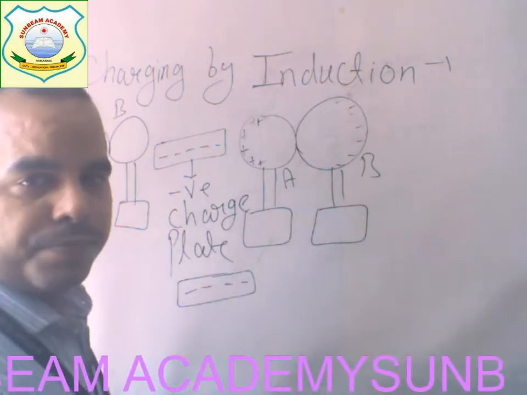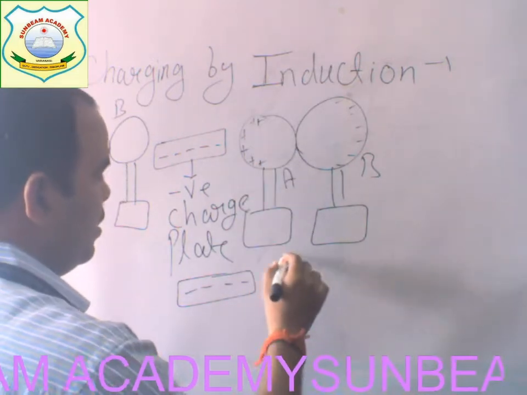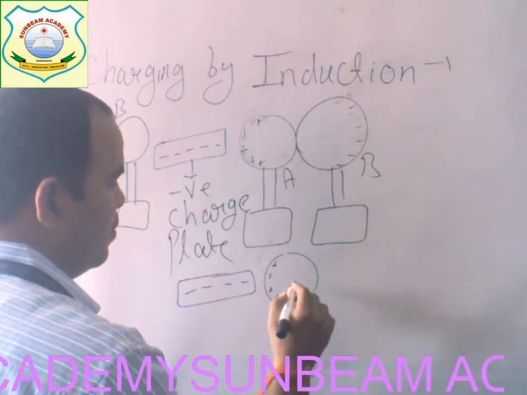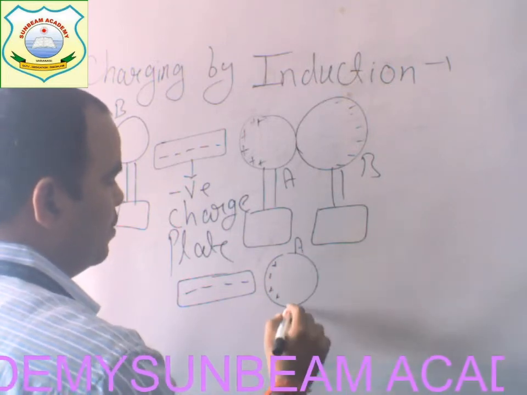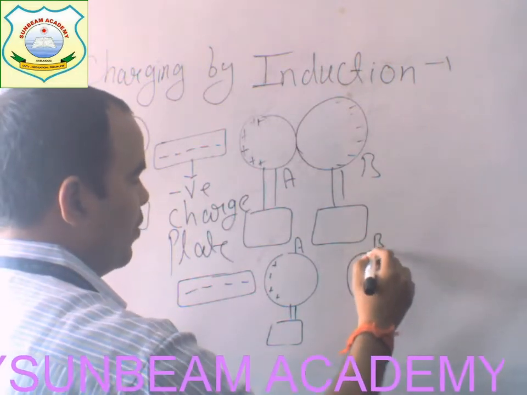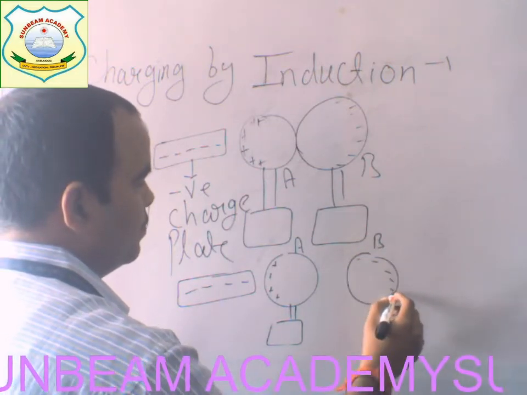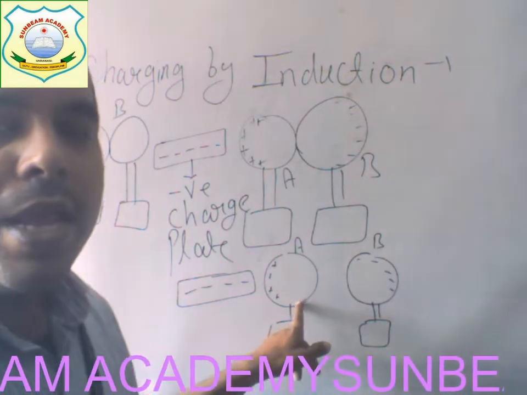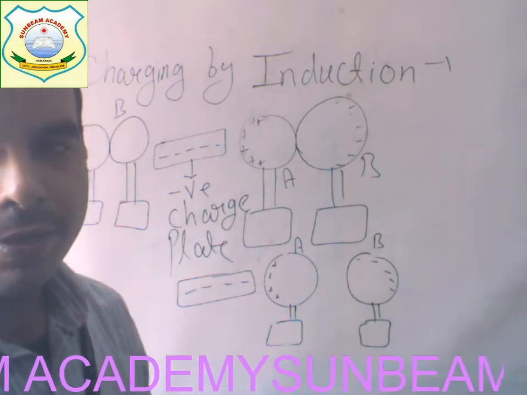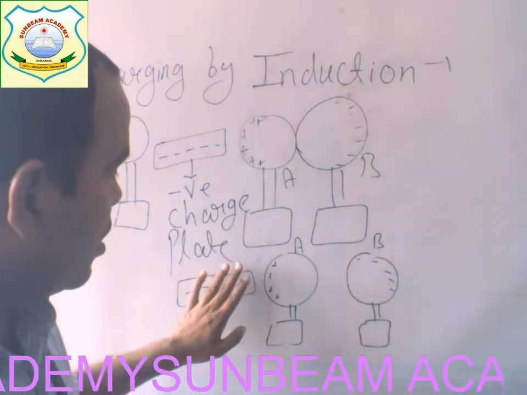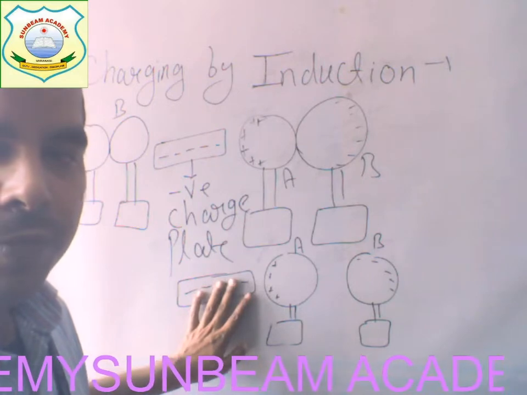Negative plate, sphere A, that means positive, sphere A stands. Now we are putting sphere B some distance away. That means sphere A and sphere B are not in contact. And what will happen then if we remove this negative plate?